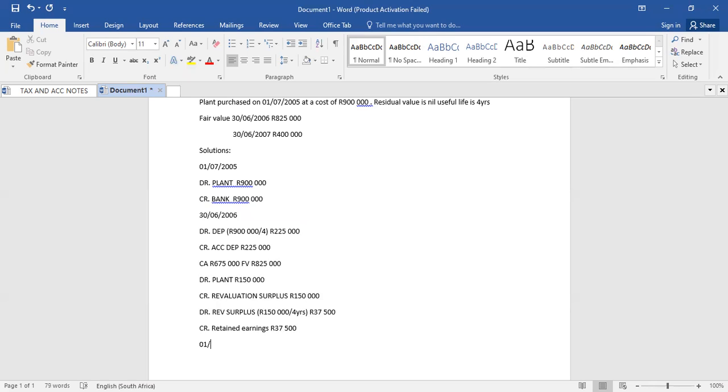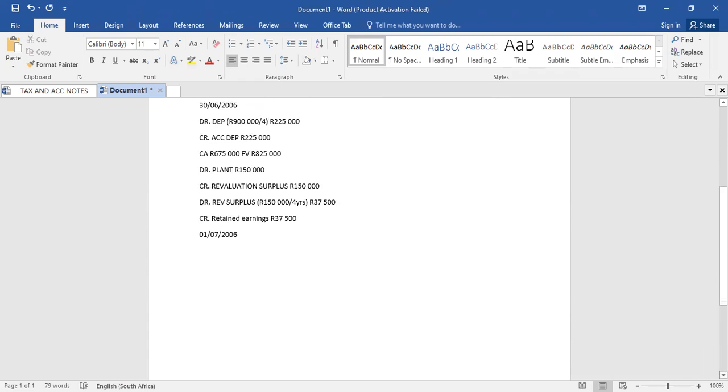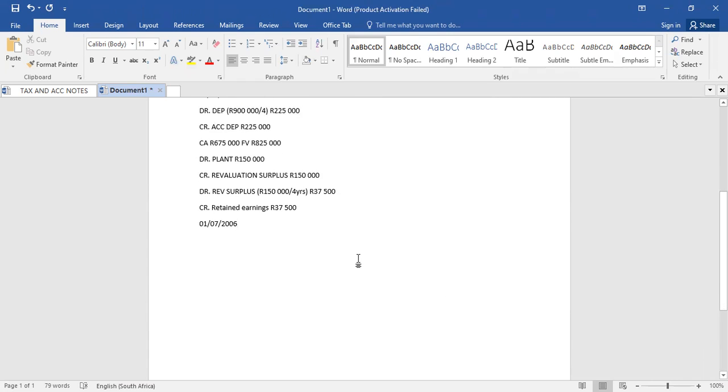Okay, then we move to 1 July 2006, which is the new year ending 30 June 2007. What do we start with? We set off depreciation. We set off accumulated depreciation.